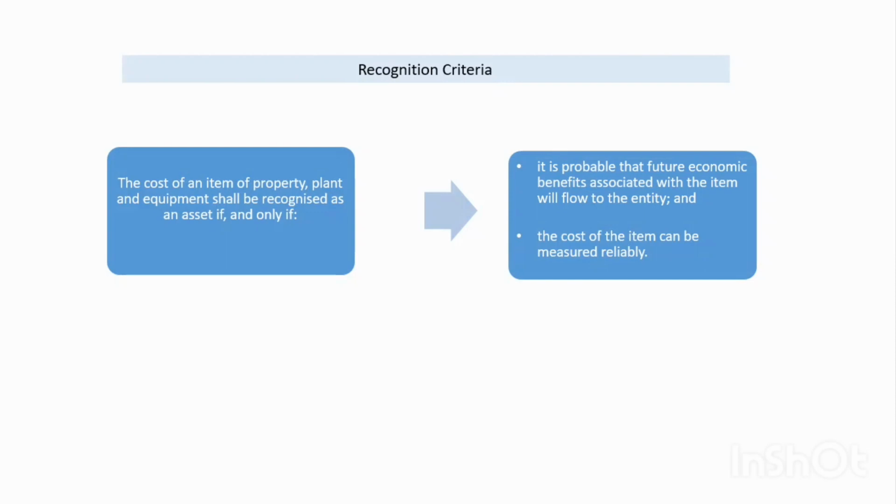That's number one. Before you call something an asset, that means you are expecting economic benefit from that particular asset. Number two, the cost of the item can be measured reliably.